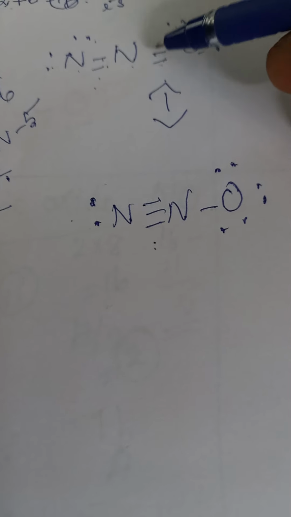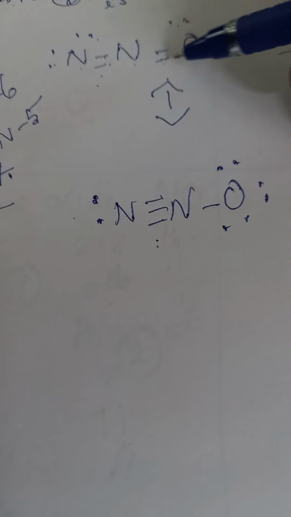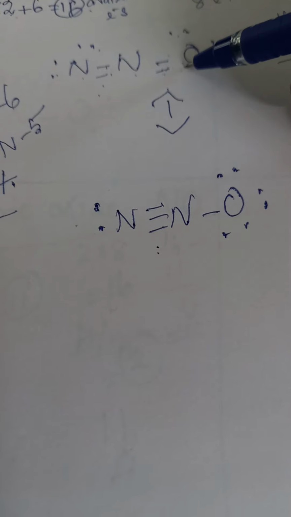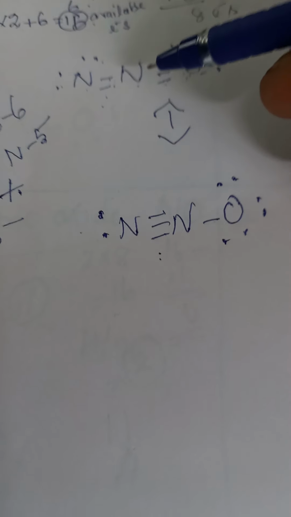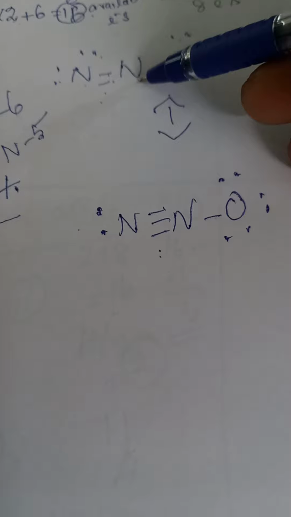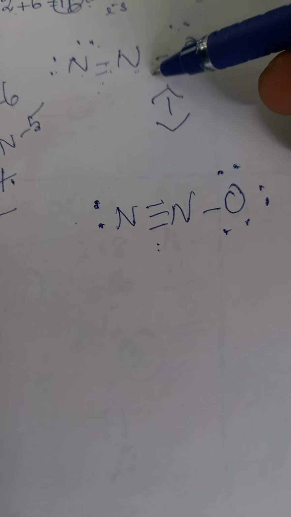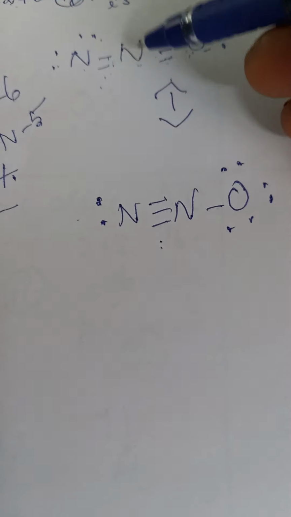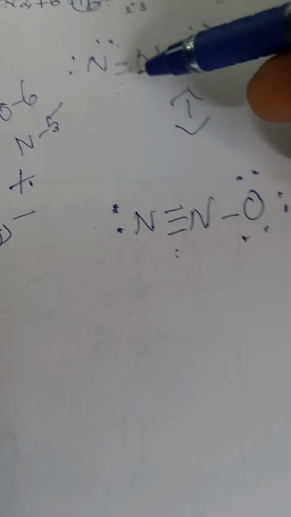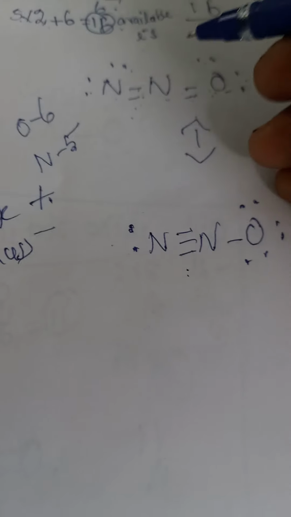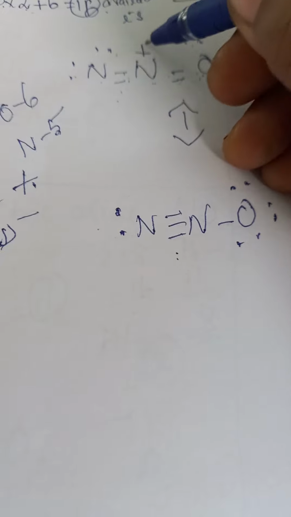Here totally 4, 2 for nitrogen, 2 for oxygen. So oxygen 6, it is fully balanced, so we don't want a charge. Nitrogen, if you are considering here 2 electrons, here 2 electrons, only 4, but we need 5 electrons. So shortage means plus sign, you have to write it here.